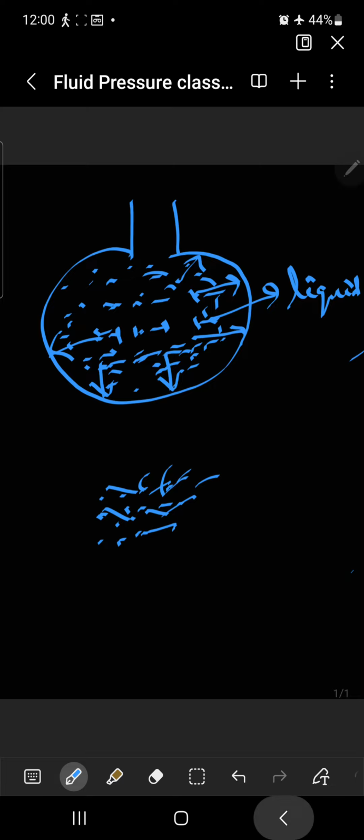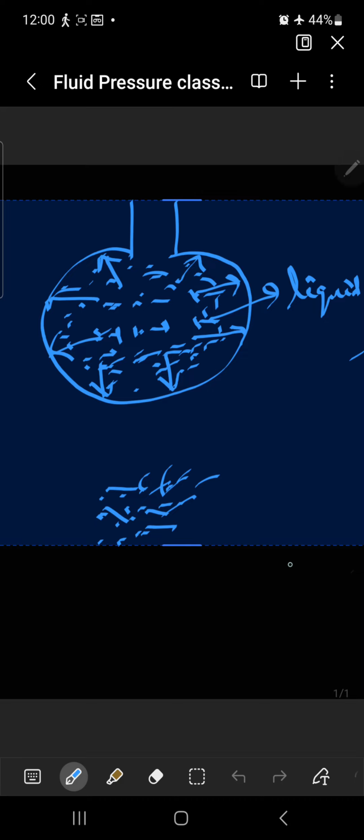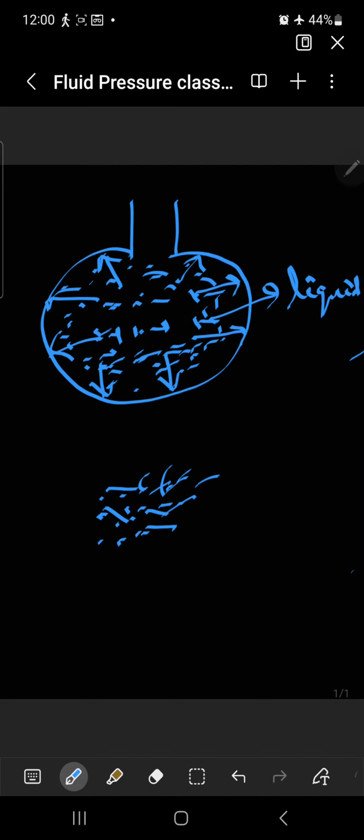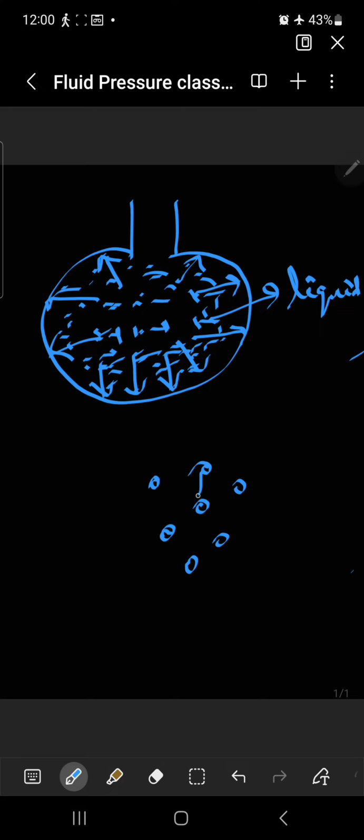Okay. Whichever vessel you fill the fluid in, it will create a kind of pressure on the walls of that vessel, and this pressure will be created because of the collision of molecules of the fluid.